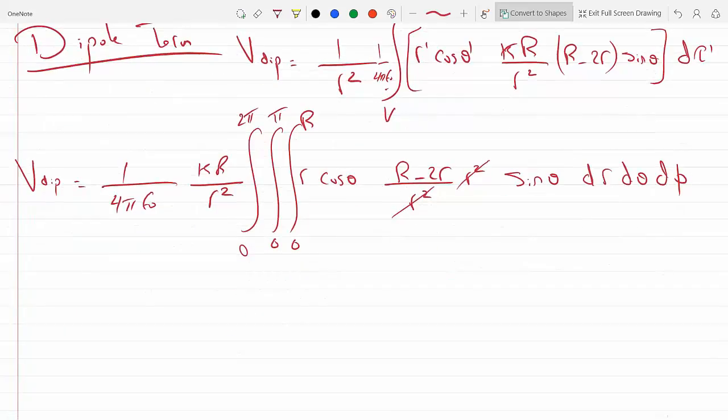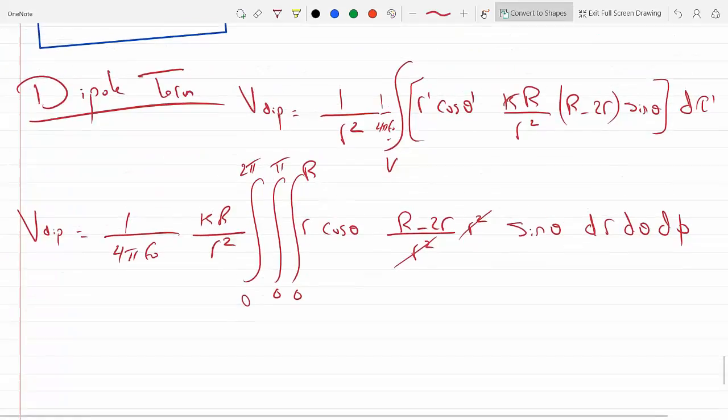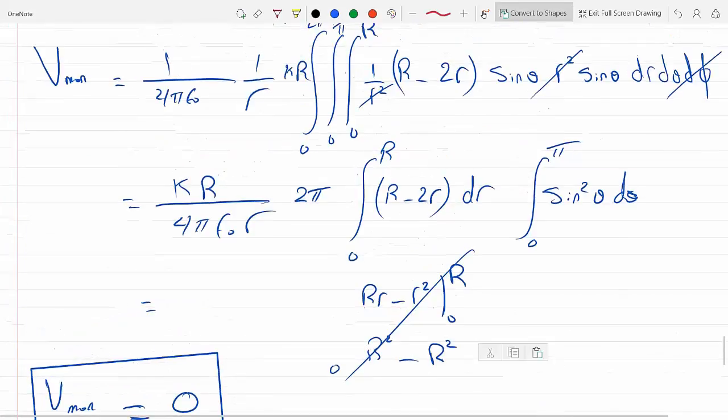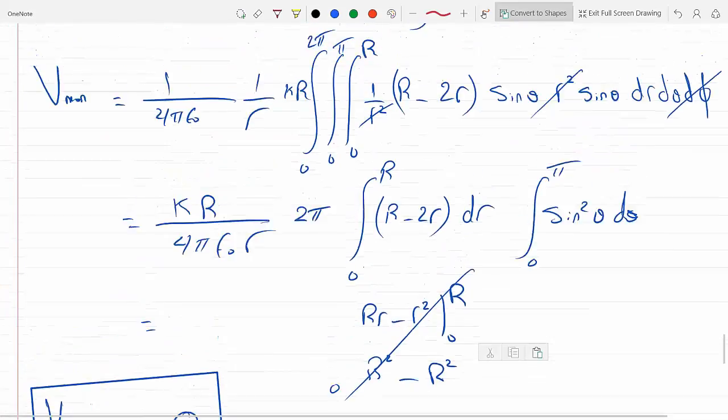Okay, what do we have here? Did I forget a sine term?